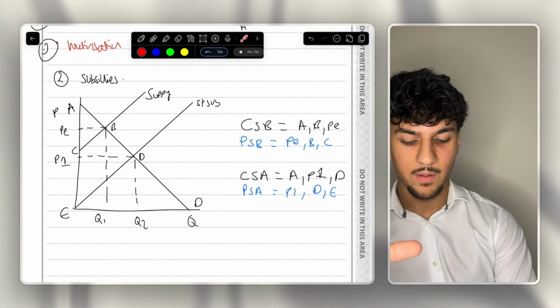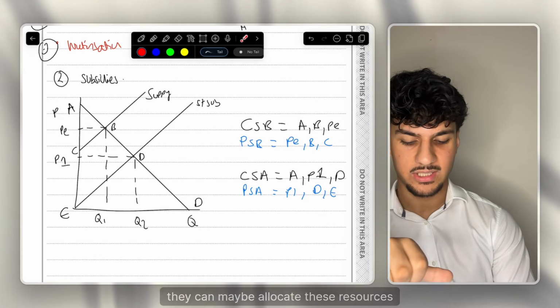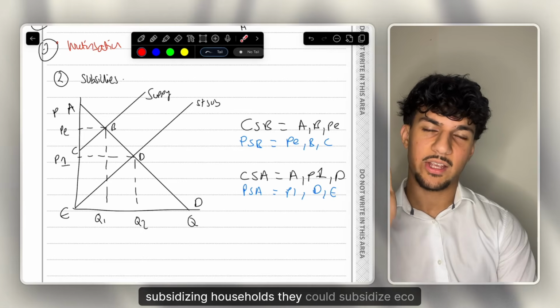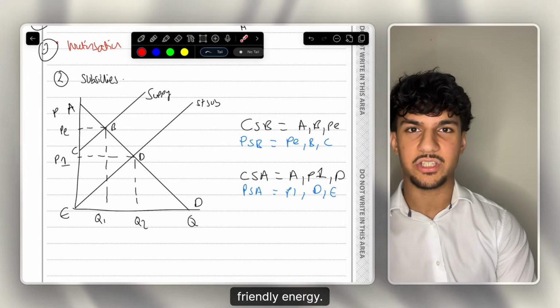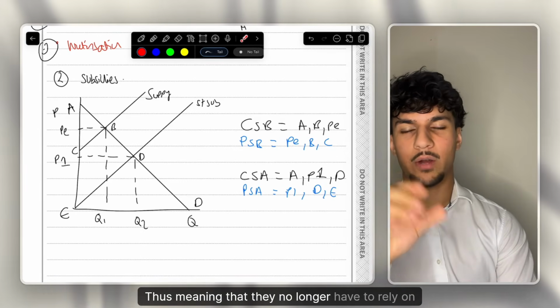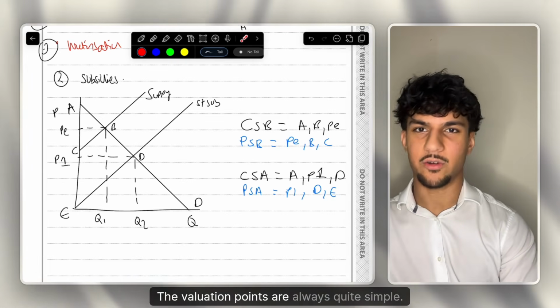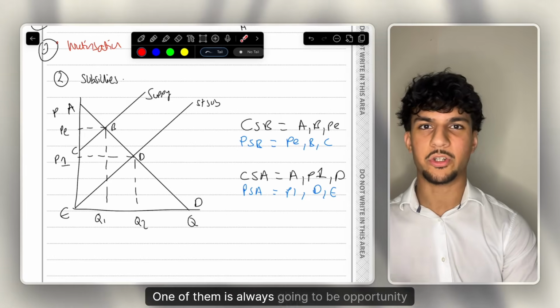Like I said before, they can maybe allocate these resources because they talk about energy firms. Instead of subsidising households, they could subsidise eco-friendly energy, thus meaning that they no longer have to rely on fossil fuels. With subsidies, the evaluation points are always quite simple. One of them is always going to be opportunity cost.